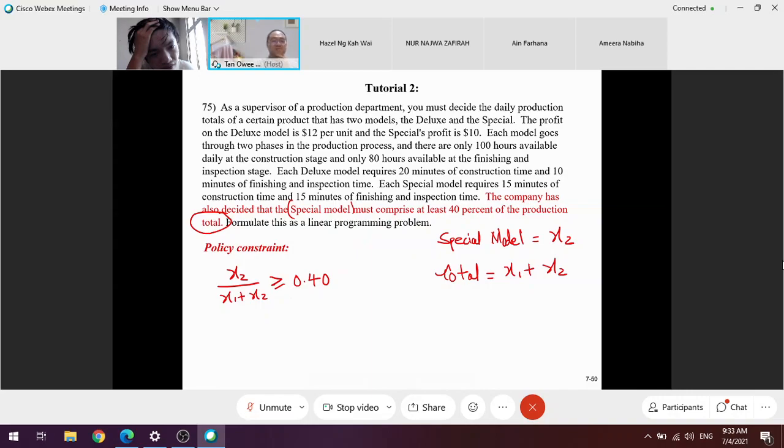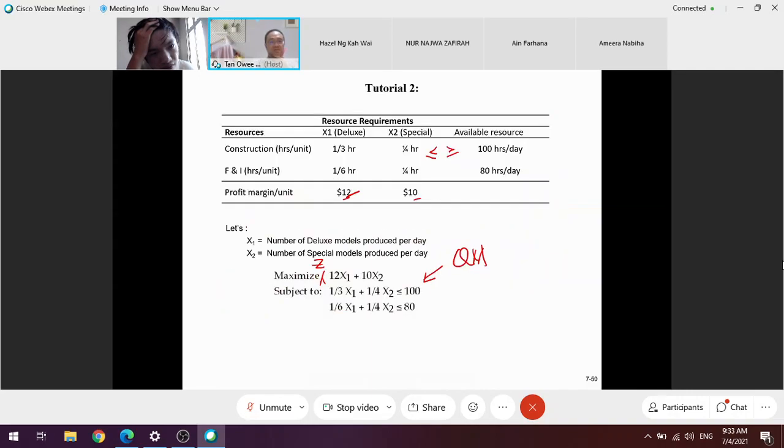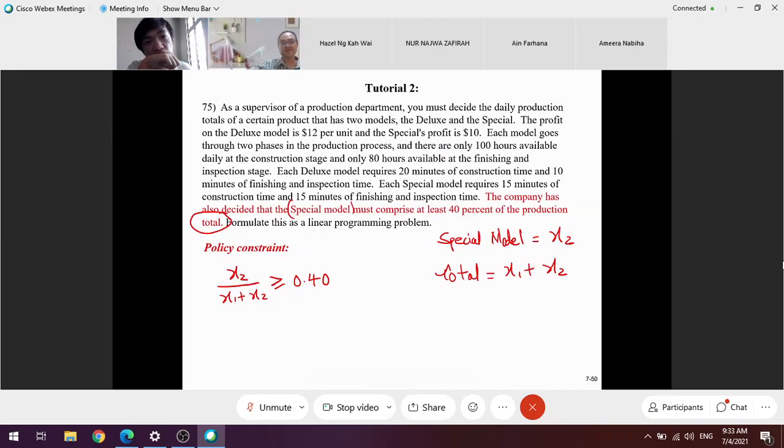I need to convert into the format of x1, x2, followed by a constant on my right hand side value, we call it, but never mind, we will tell you later. So how to convert? I start solving this, which you have learned in business mathematics. That's why in week 1 we said you need to apply what you learned in business mathematics, like 0.4 x1 plus 0.4 x2.